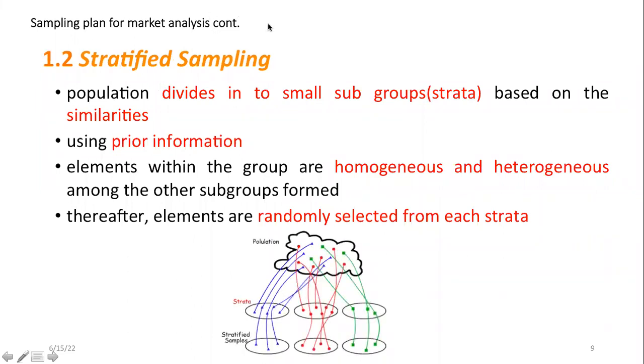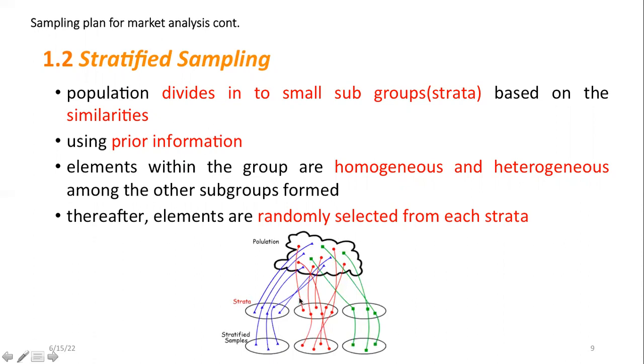The importance here is we use prior information. It means the population is there, then we divide it into different subgroups. We call them strata. What type of factors are we going to use?